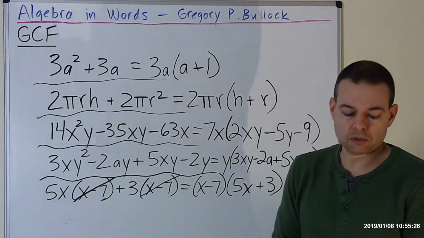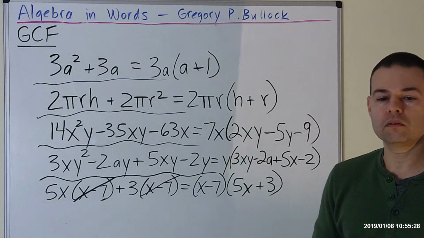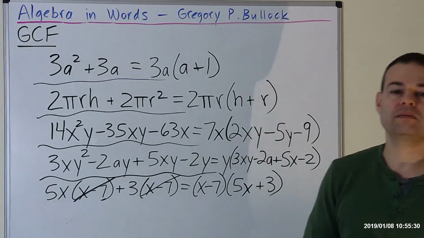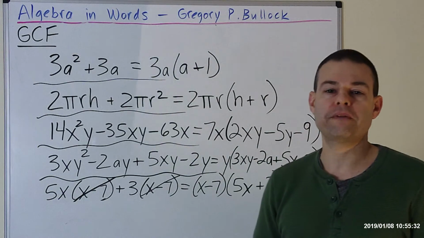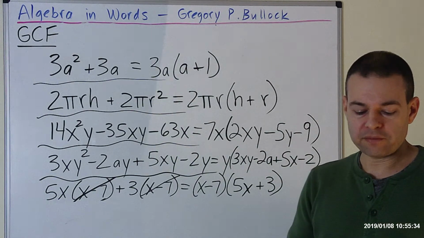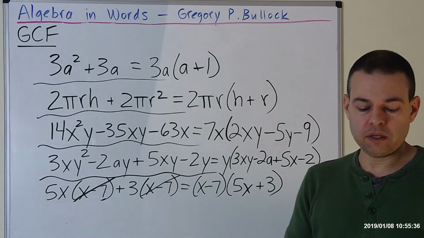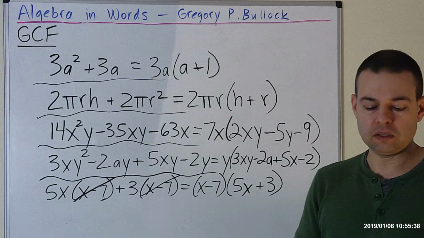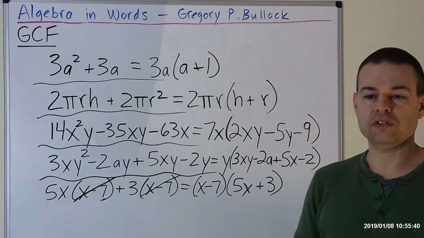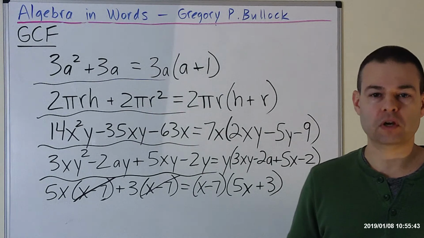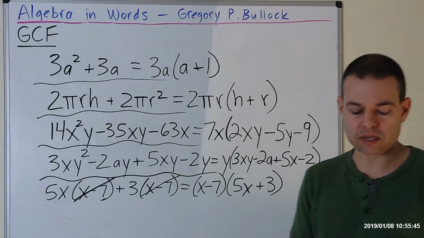As I was telling you, this last problem is kind of like an intro or a prelude to factoring by grouping. And I cover factoring by grouping in episode 115, in which we start off with factoring a string of 4 terms, as I was explaining a second ago.